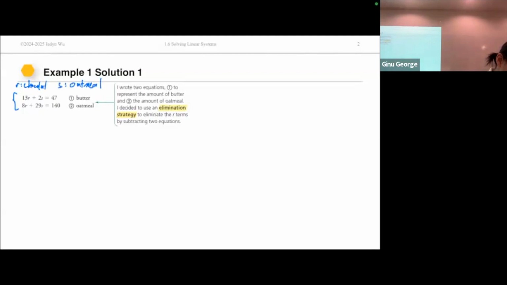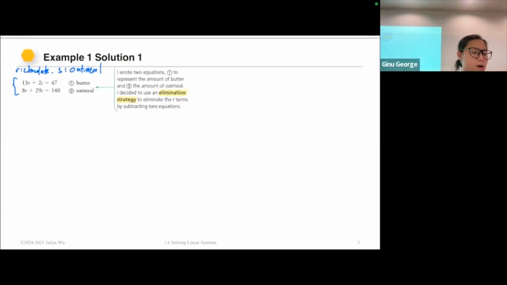Can anyone suggest a method to solve for the values I'm looking for in this linear system? How can I find the values of R and S that satisfy both equations?